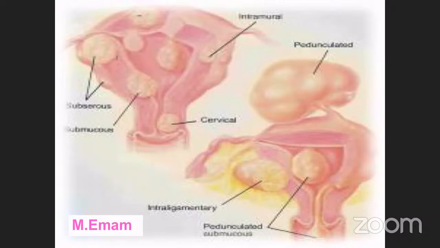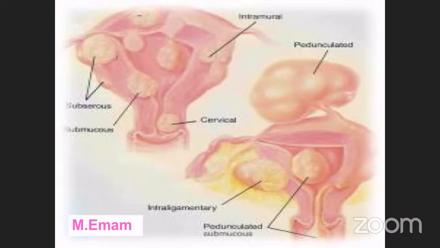Please look at them very well. Intramural is located within the muscle fiber. Subserous is located beneath the serosa. Submucous is just touching the endometrial lining.